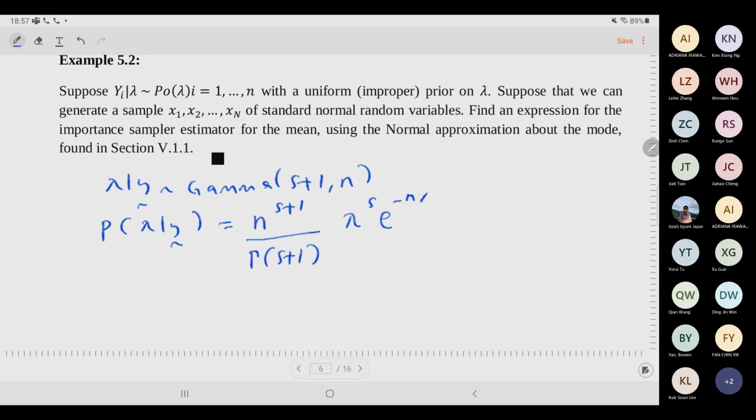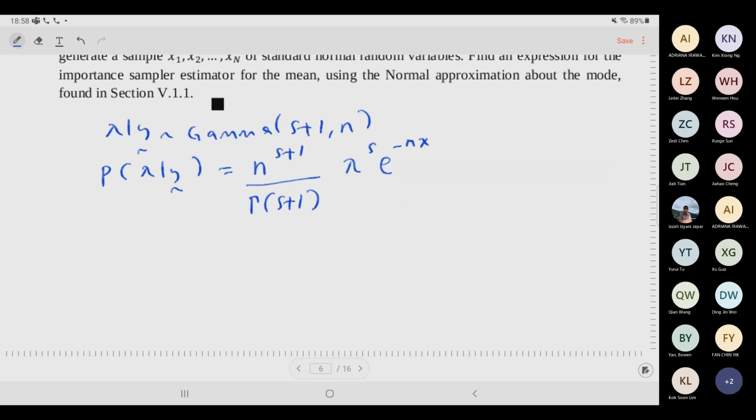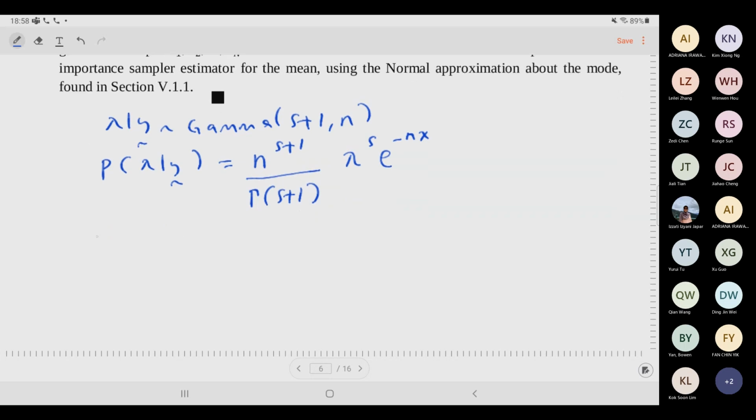Then you want to use your approximation, which is your Q, from the previous example.